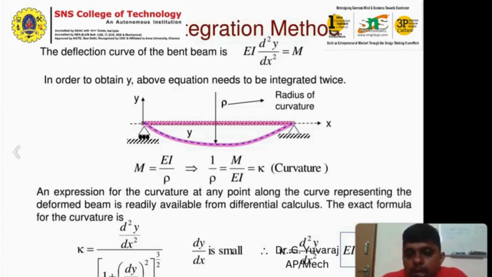It is one kind of method in which we use the equation M is equal to EI d square y by dx square, where E represents the elasticity and I represents the moment of inertia. This is the equation of forces: whenever a load is applied, the force makes some moment.